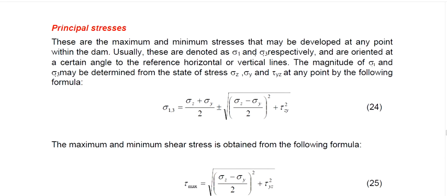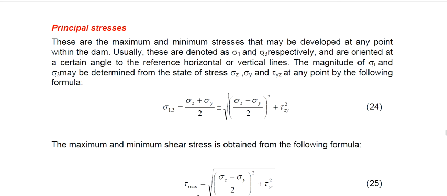Here you can see, in the formula of maximum and minimum principal stresses, if we eliminate the first part, (sigma z plus sigma y) by 2, along with the plus-minus sign, from equation number 24, we will get the maximum and minimum shear stresses.